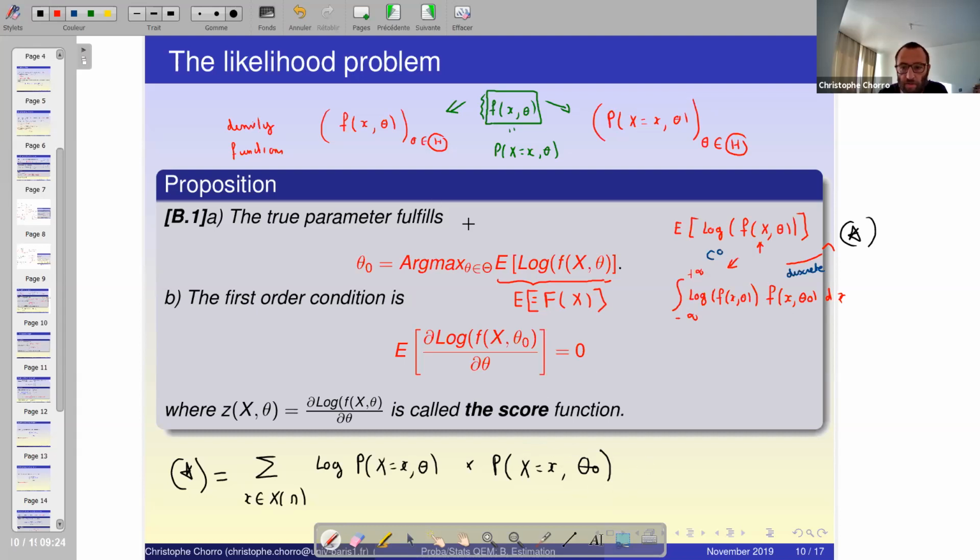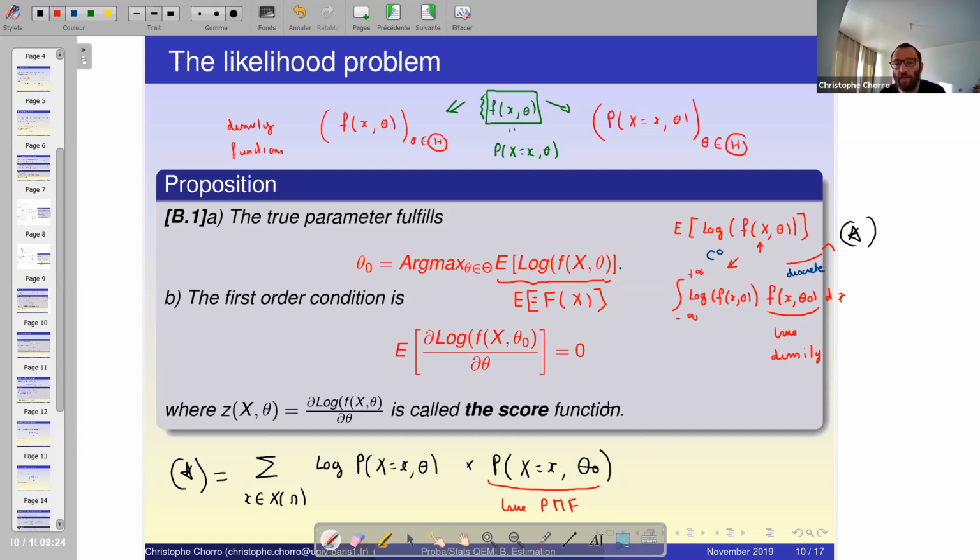So here I can write the true density. I don't know this true density, but I can write it, and here the true probability mass function.